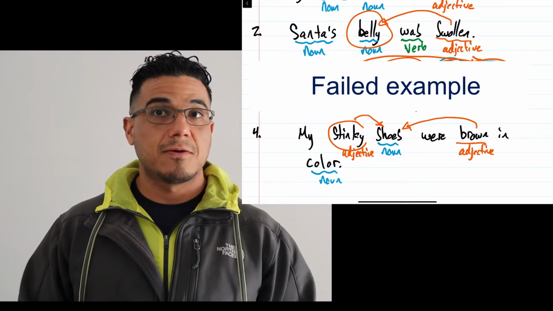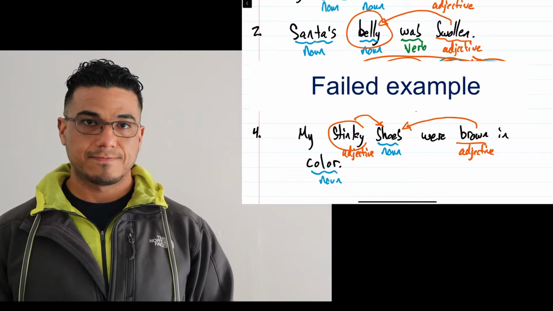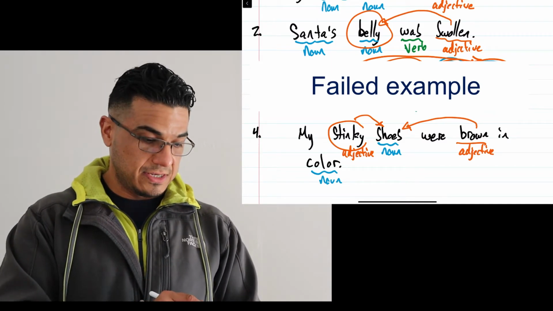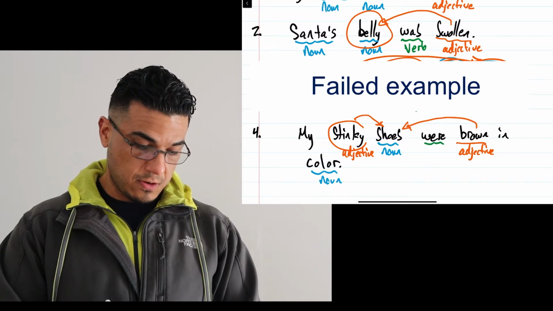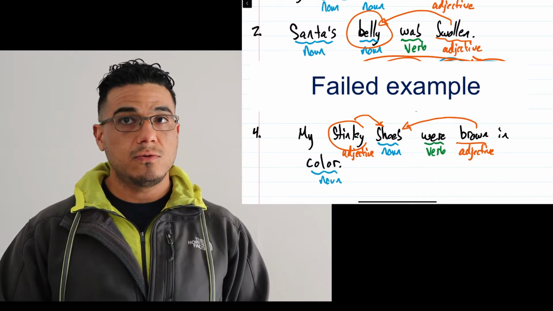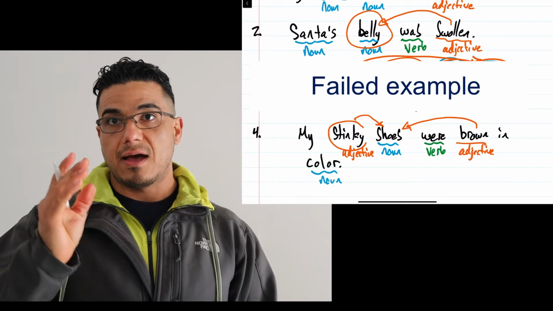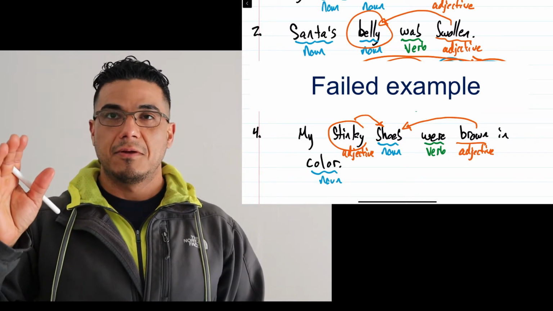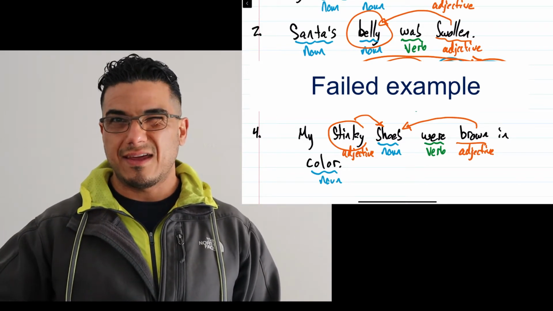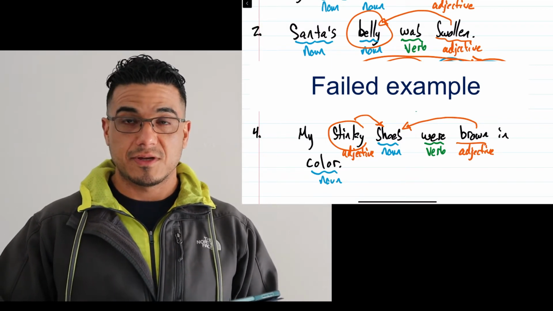And just for fun, what's the verb in the sentence? Hopefully you guys noticed that the verb here is were. This is also a to-be verb, right? Like I, am, was, were. There's 8 of them. I wish I could list them all off from the top of my head.